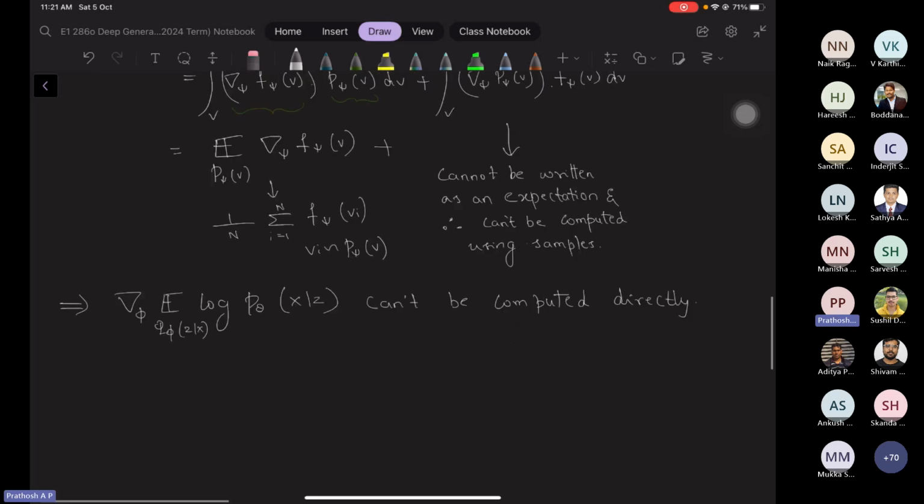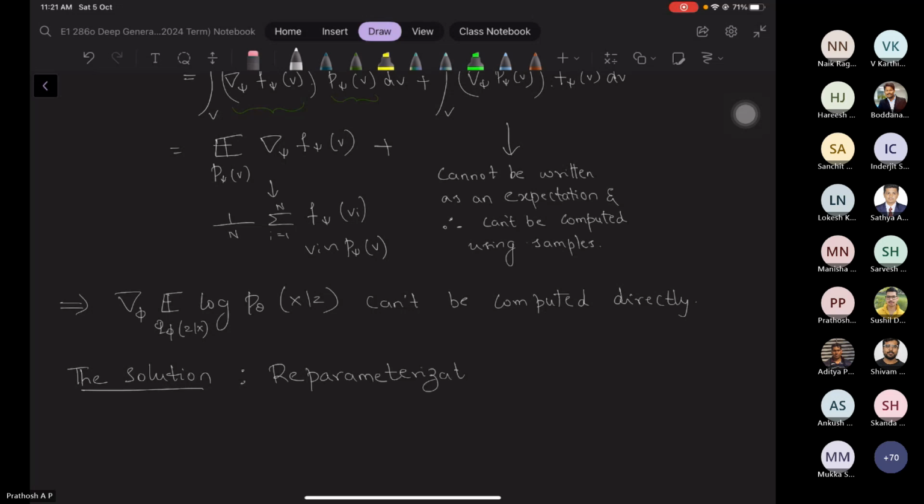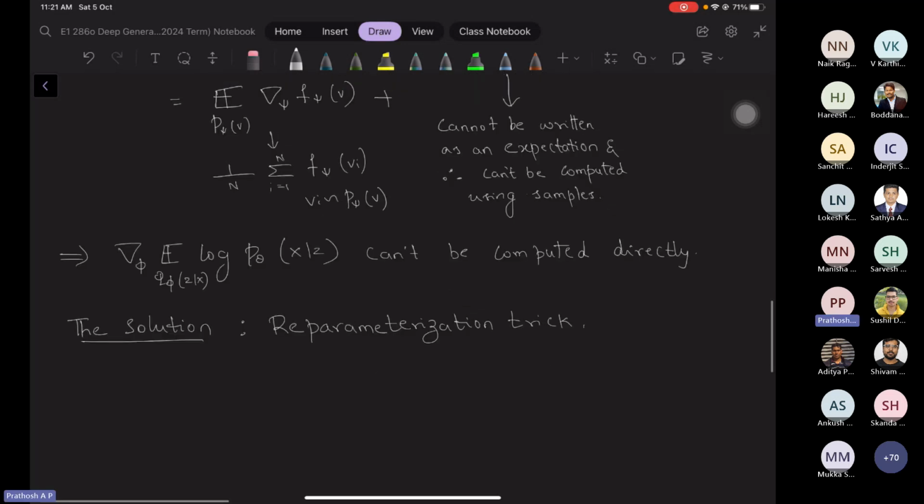Now, how do we solve this? The solution is called the reparameterization trick. What does this mean?